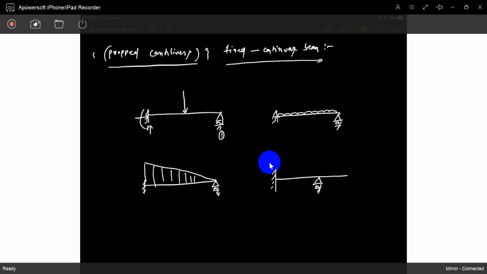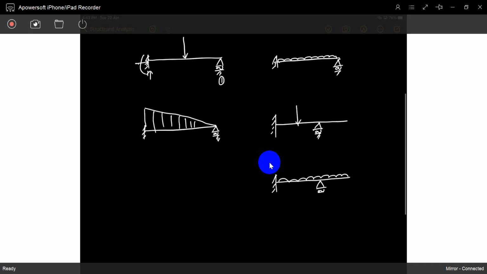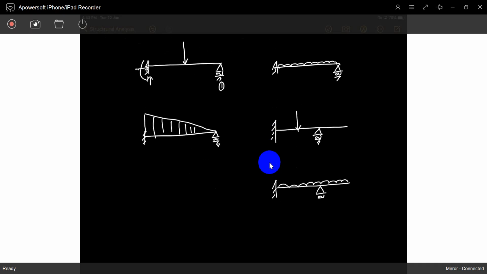We will solve it for some force, and again for something else. So these are all propped, realistic structures. We will solve those.